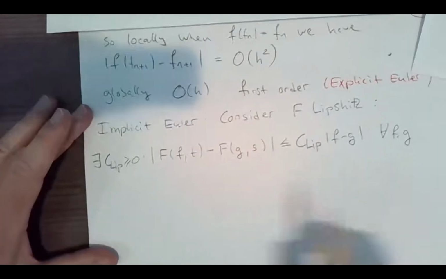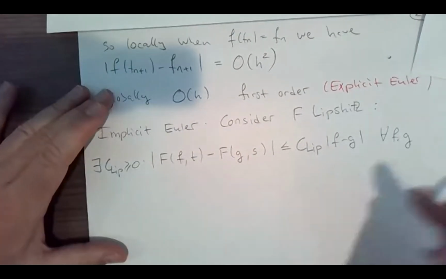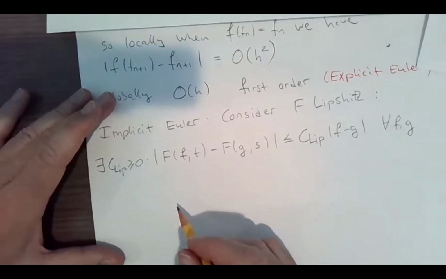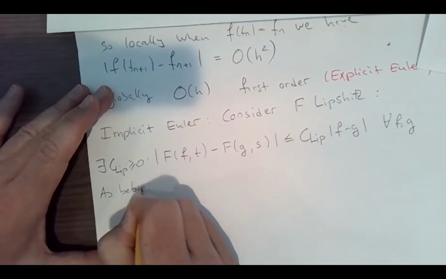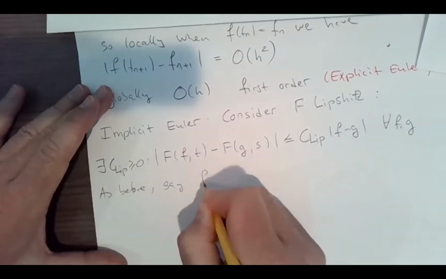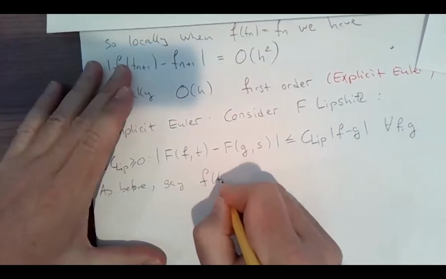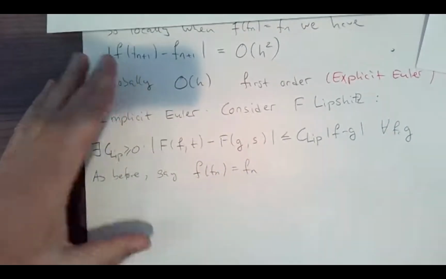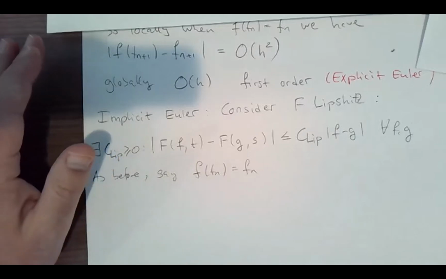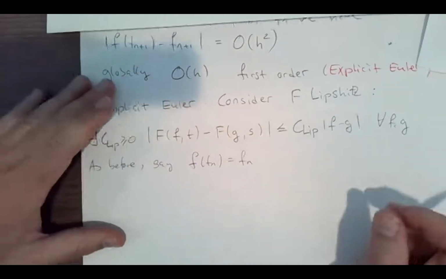Given that, we can now move on and do the same analysis as before. Say that we're accurate at time Tn. Make that assumption and then expand as before.